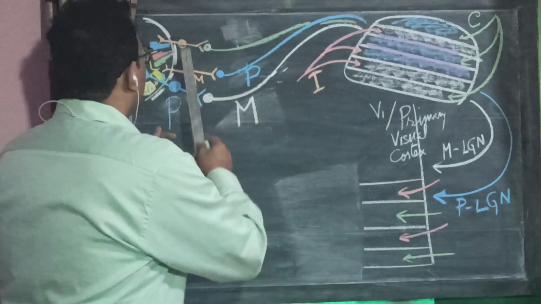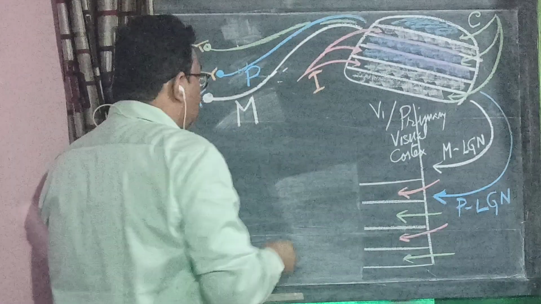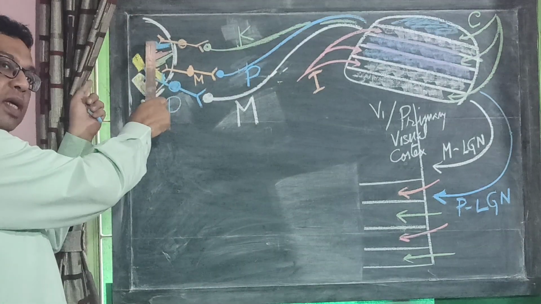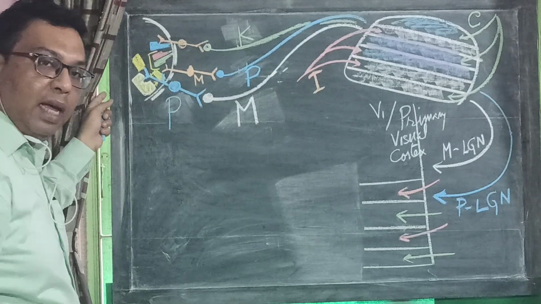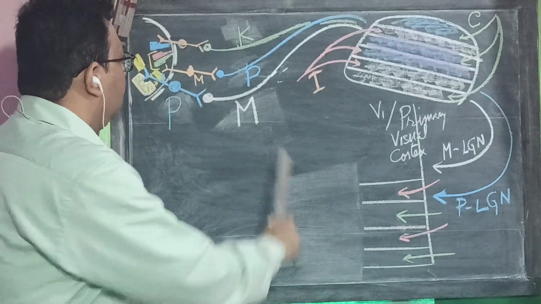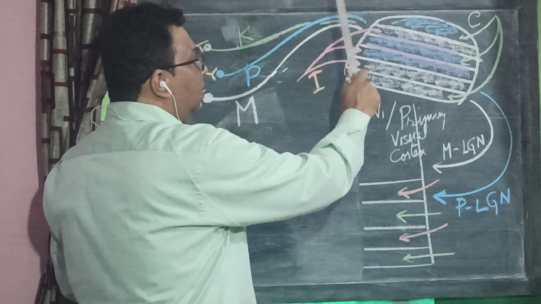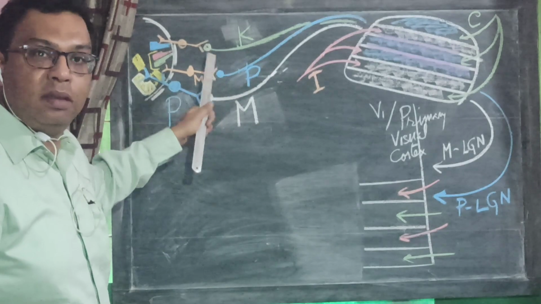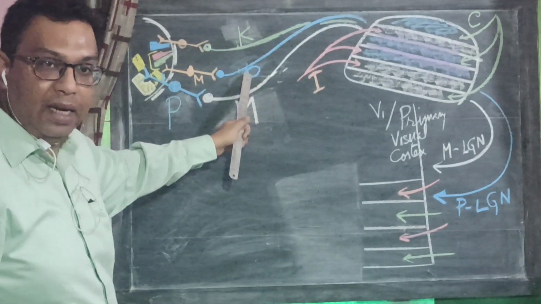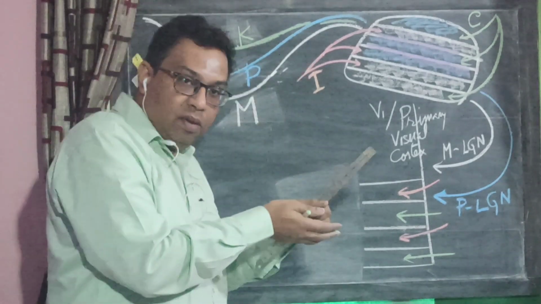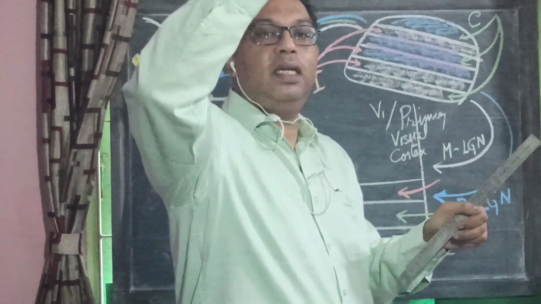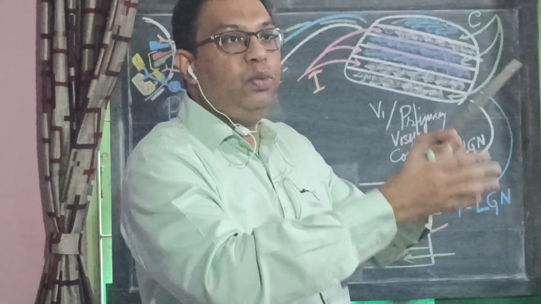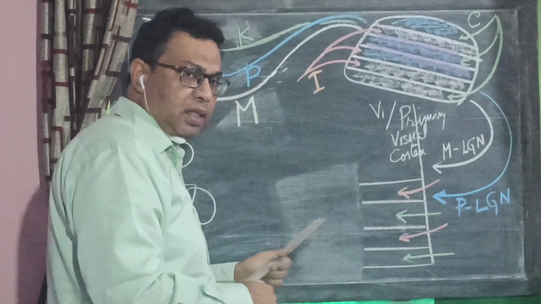Then we have the coniocellular pathway, which is a contribution from the S cone. So they will all form the optic nerve initially, and then some of the optic nerve will decussate to the other side, and some of it will remain on the same side, as discussed in the previous class.